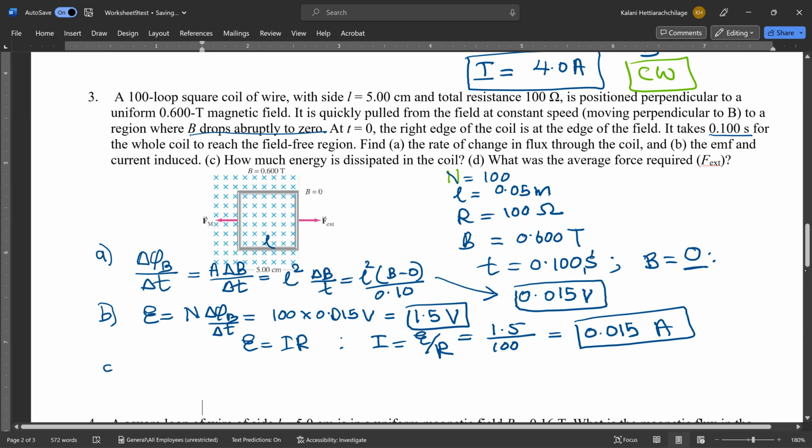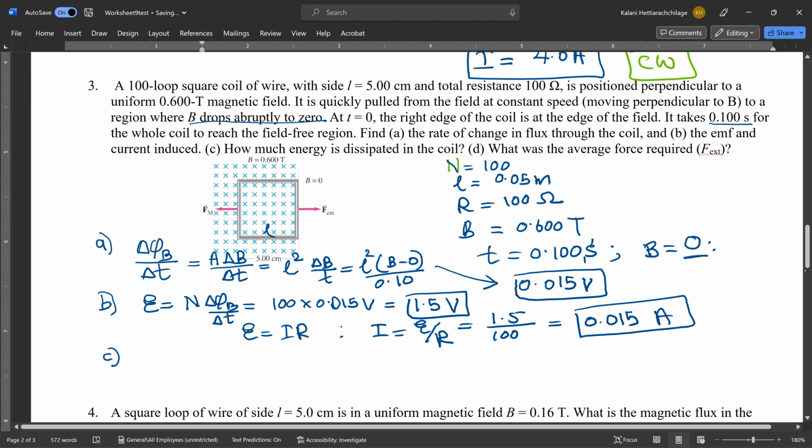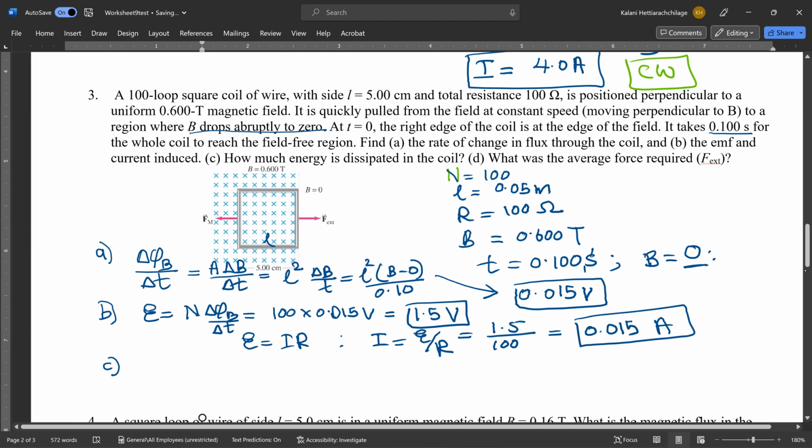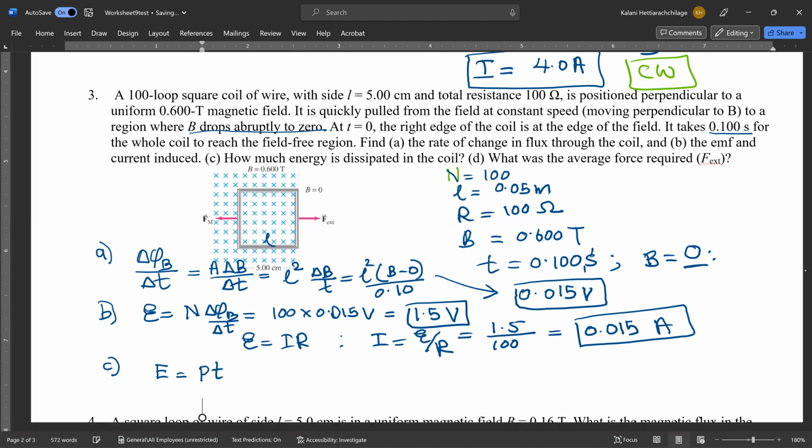And now let's move into part C. Part C is asking how much energy is dissipated in the coil. Energy dissipated, we know we can calculate by using the power and the time, right? Do I know the power? Power we can write as I squared R, and time.